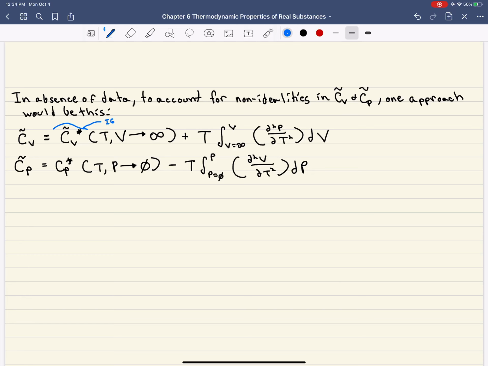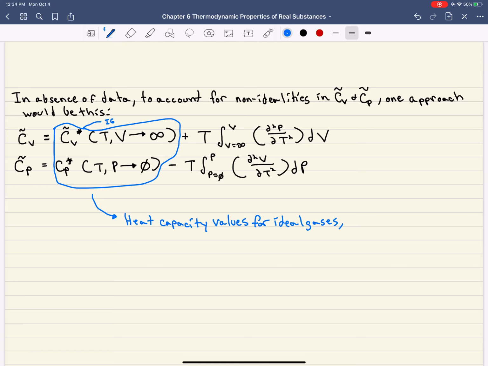And so I want to emphasize that these terms at the beginning here are the heat capacity values for ideal gases. Okay? And for an ideal gas, these things are only a function of temperature.